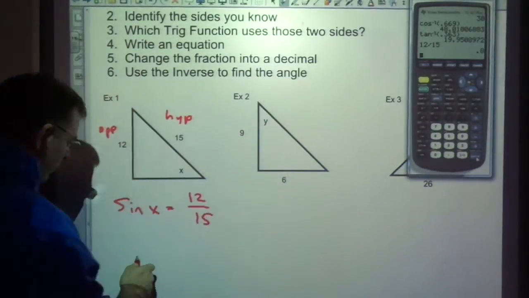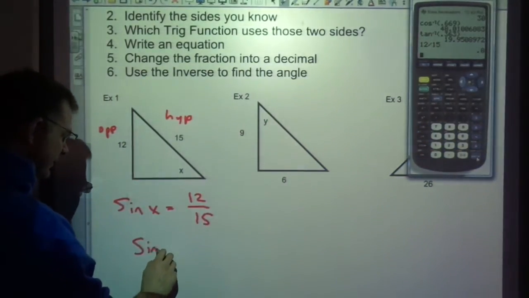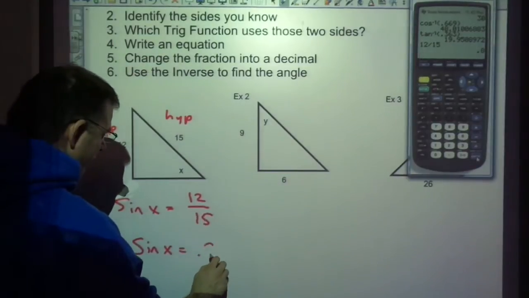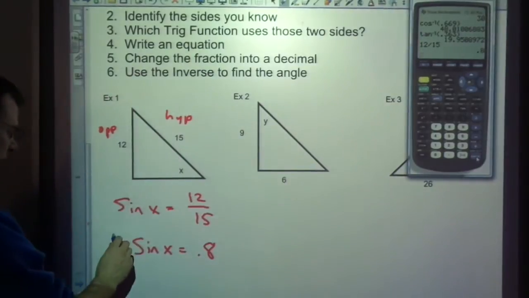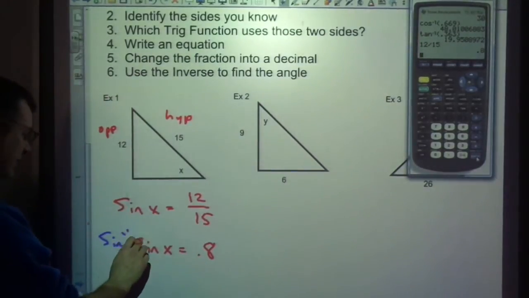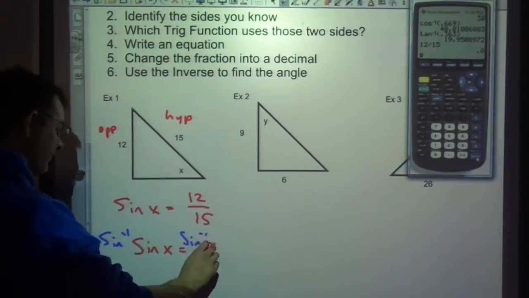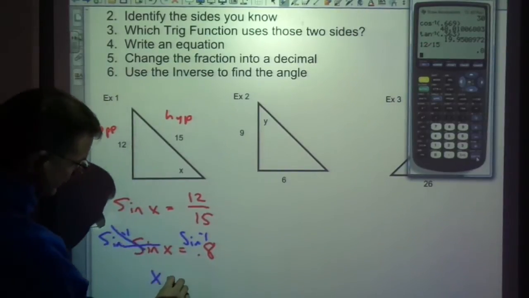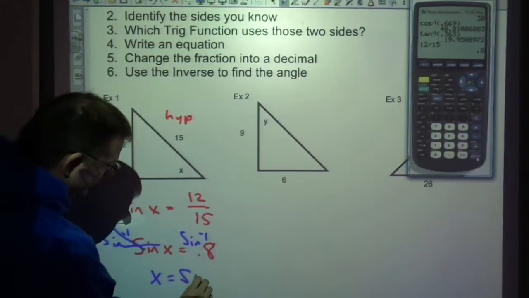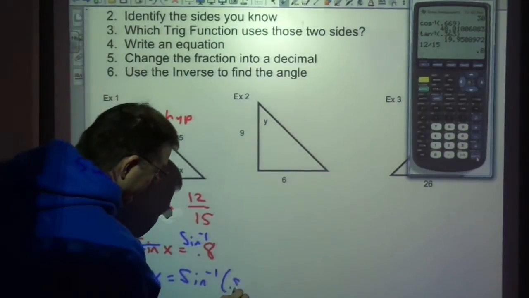So I'm asking what angle has a sine of 0.8? What I'm going to do here is take the inverse sine of both sides, because the inverse sine cancels with the sine and just leaves x. Here I'll have x equals the inverse sine of 0.8.